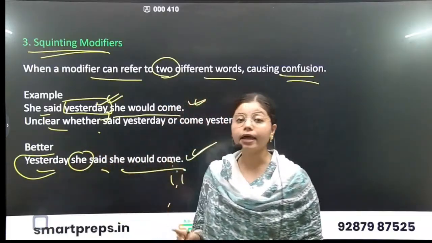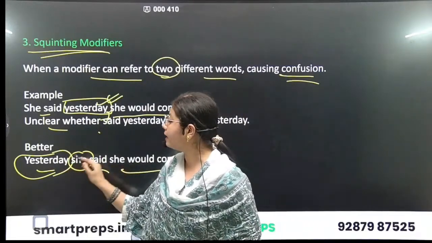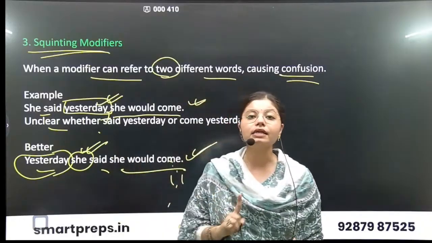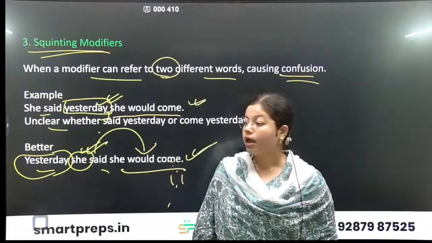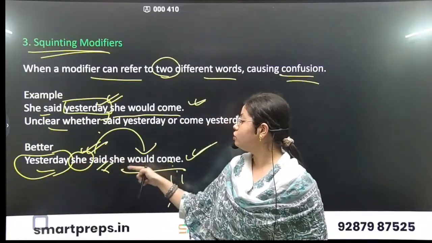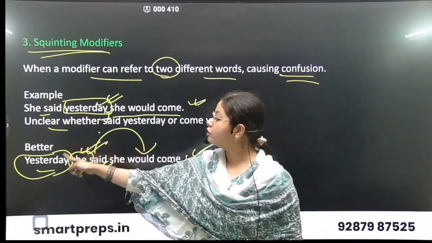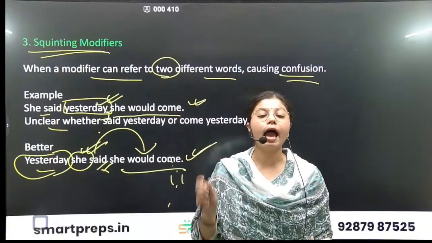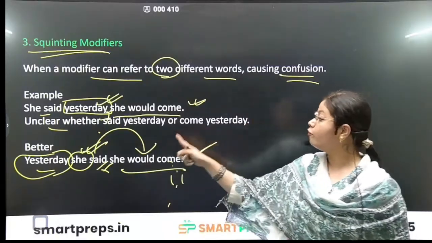Yes, and there is another rule: when we place the subject after a modifier, that subject has to perform the action. Here, yesterday she said she would come. So she performed an action here. After the modifier the subject has to be placed, and the subject that is placed has to perform an action.